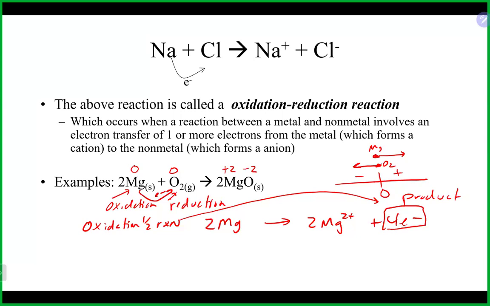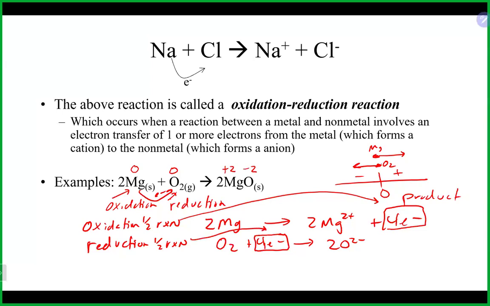You could also write a half reaction for the reduction, which in this case looks like this. And this is what is known as the reduction half reaction. And it's a reduction half reaction because electrons are on the reactant side and they're being gained by the reactant in that case.